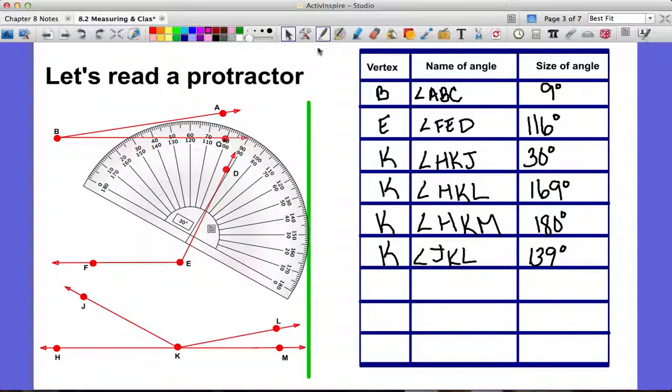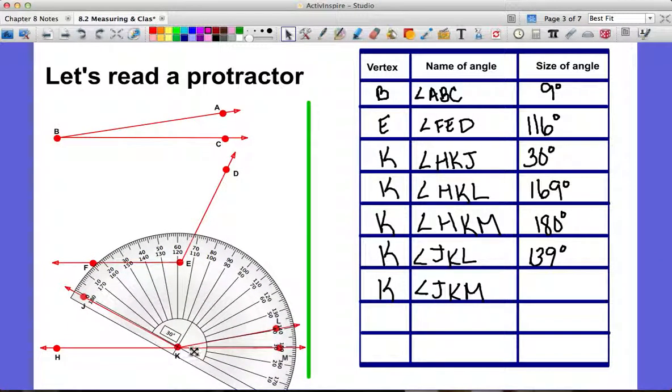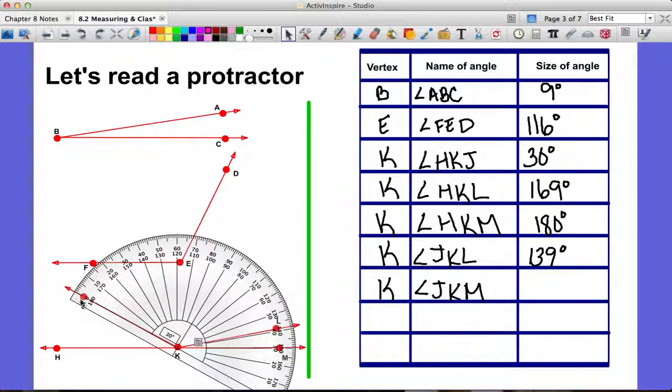All right, starting again at J, I can go from J to K to M. K is still my vertex, giving me angle JKM. Again, we're going to put that protractor on there a little bit sideways. Line up those bottom lines.